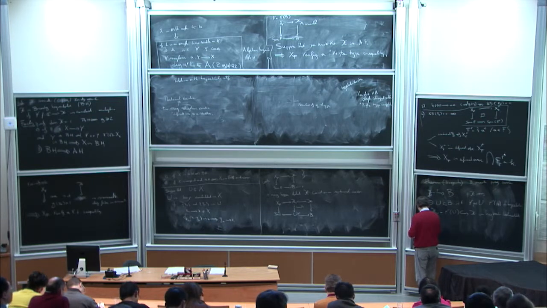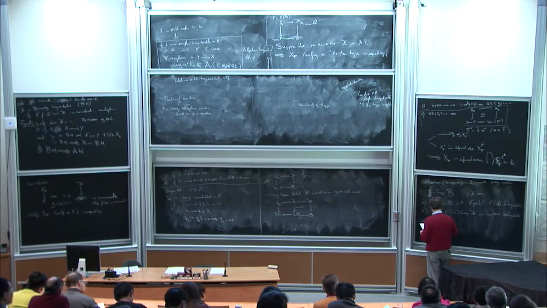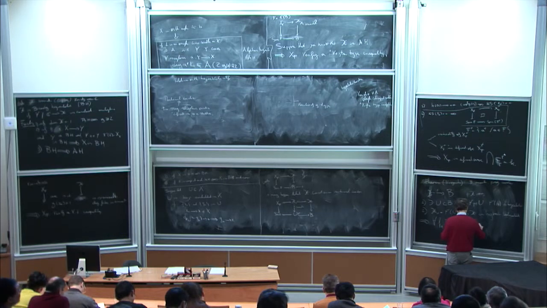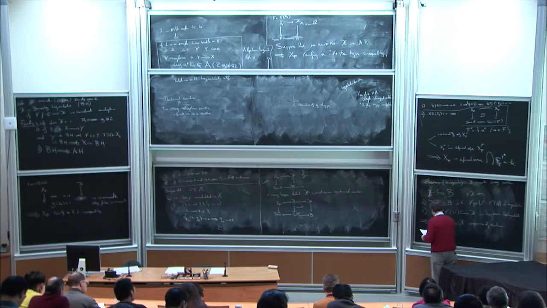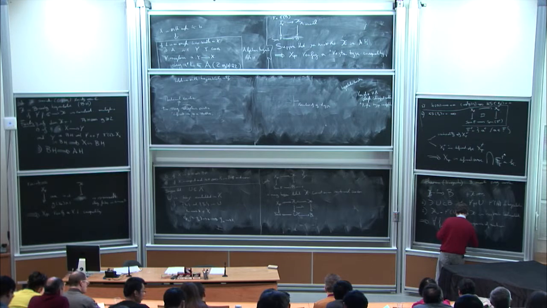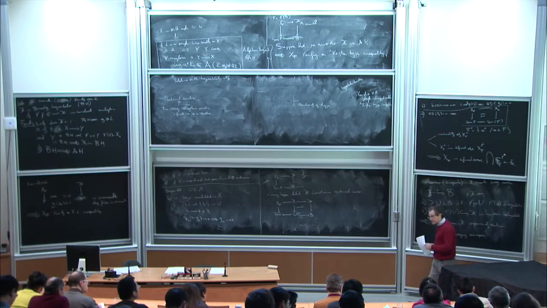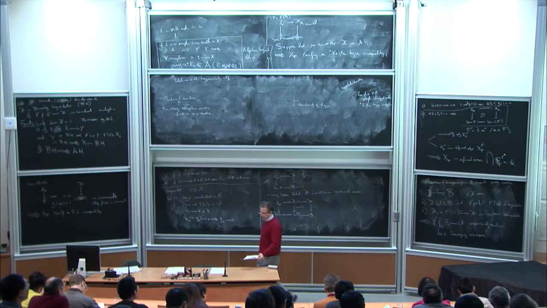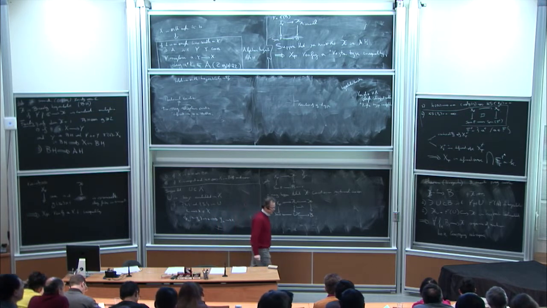Then you will not have a Vojta type inequality, but you have that every sequence of sections f_n from B to X has a converging subsequence. And this is good for studying at least rational points.